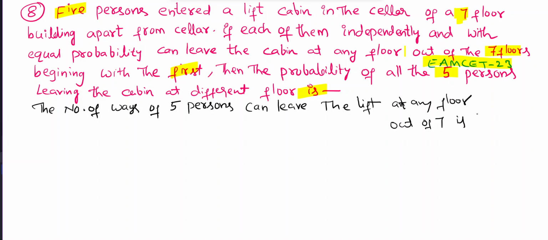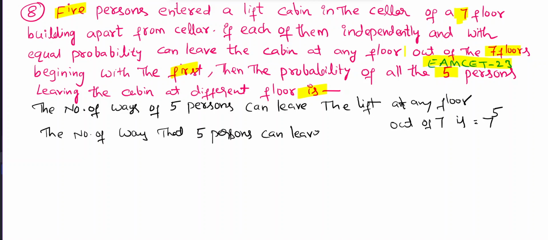Out of 7 is, that is 7 to the power of 5. This is the formula, n to the power of r. And the number of ways that 5 persons can leave in different floors out of 7 floors.